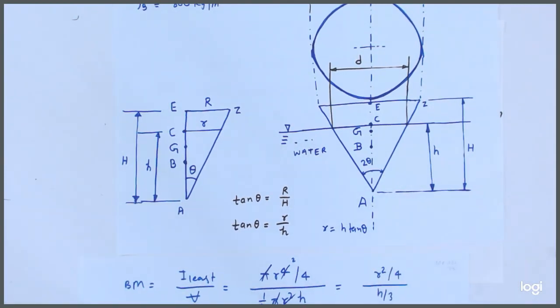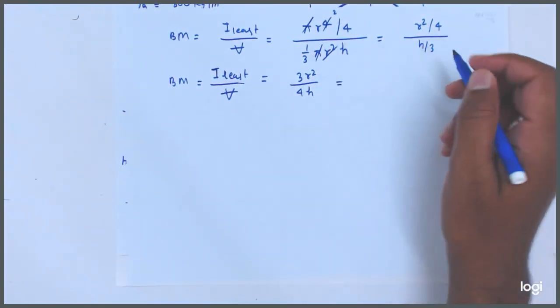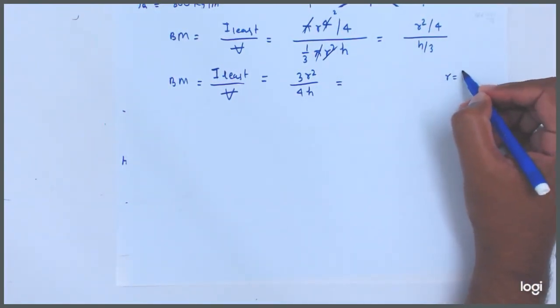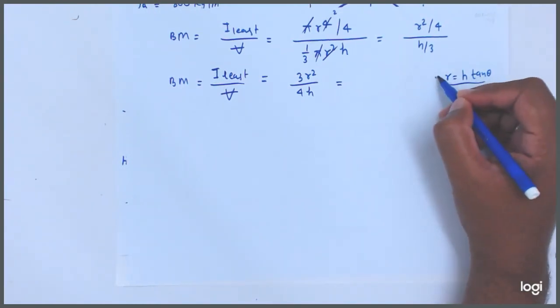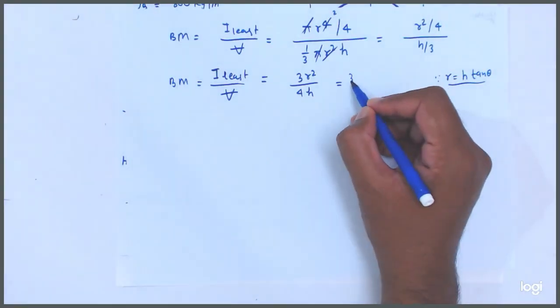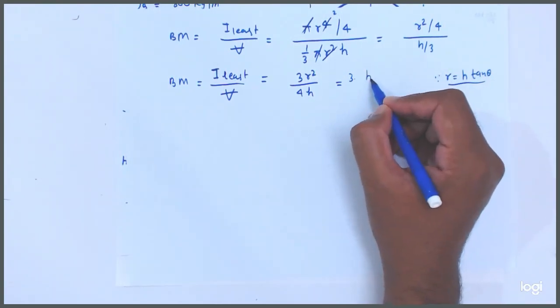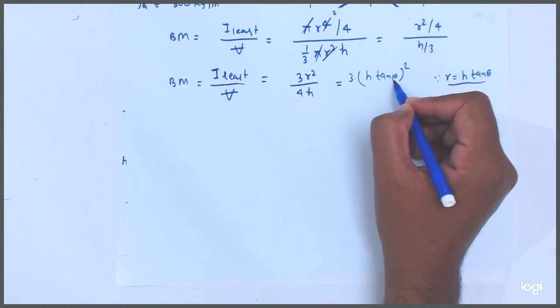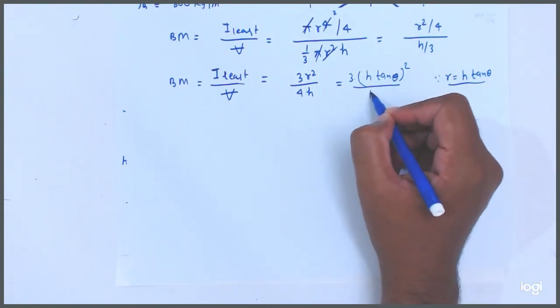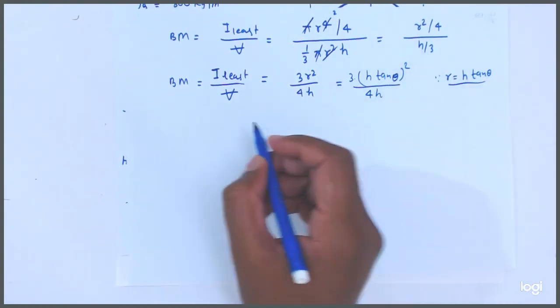We put it here: 3 into (h tan theta) whole square divided by 4h.